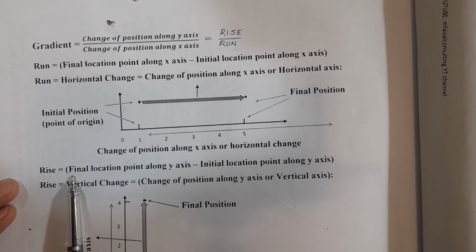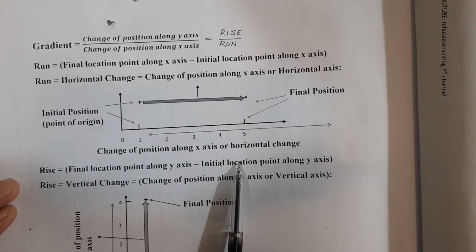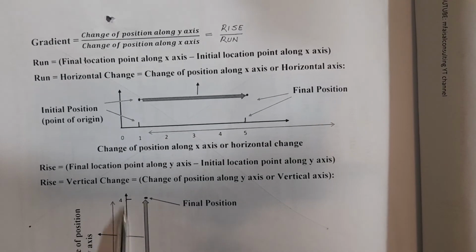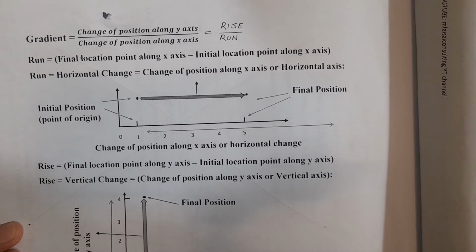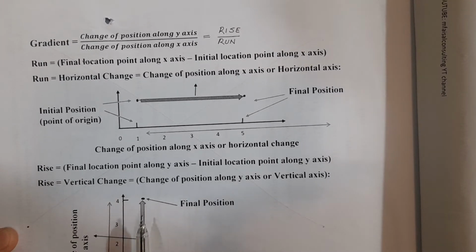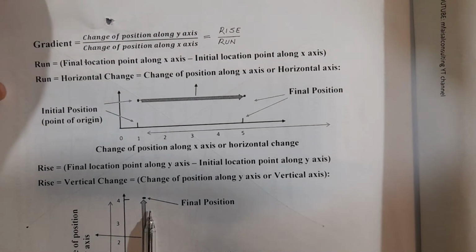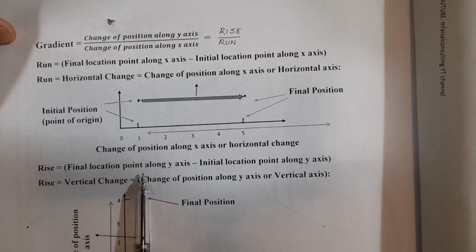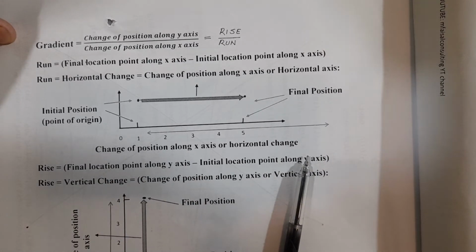Rise is basically the final location of a point along the y-axis minus the initial location of the point along the y-axis. So this is the y-axis. The initial position of a point is at point 1 and the final position is at point 4.